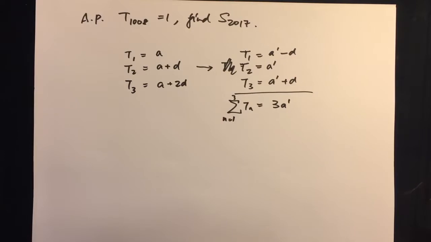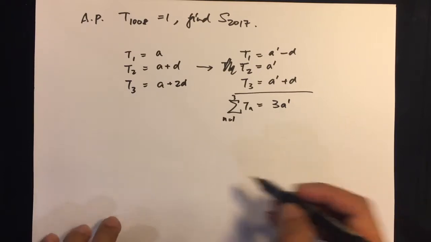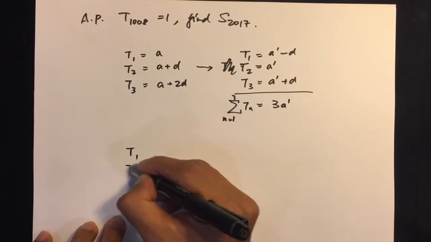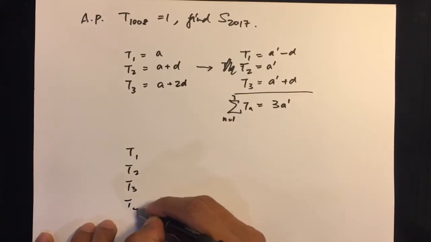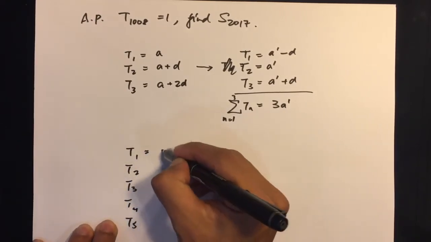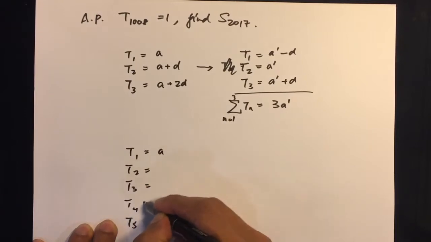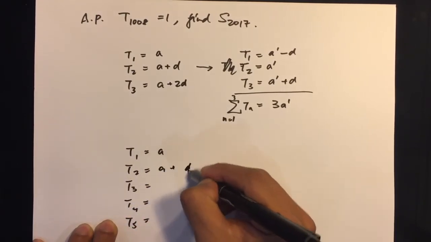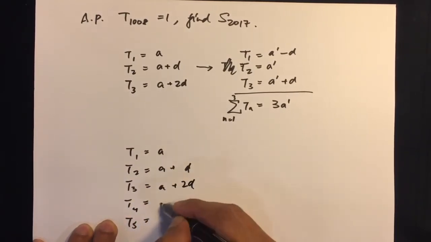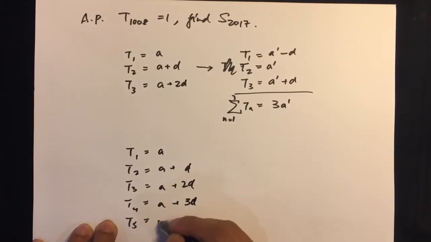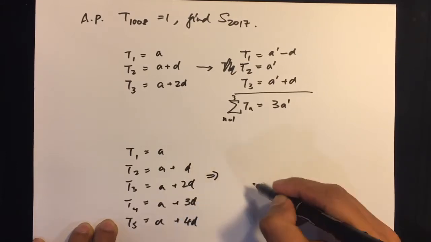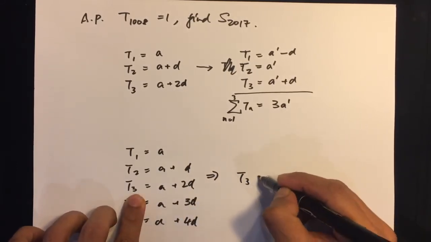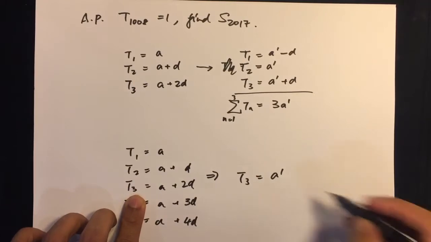And this holds true for any odd groupings of arithmetic terms. So for example, if you've got T1, T2, T3, T4, T5, that equals, as usual, A, A plus D, A plus 2D, A plus 3D, and so on. You can arbitrarily rewrite the middle term, T3, as some term A prime.